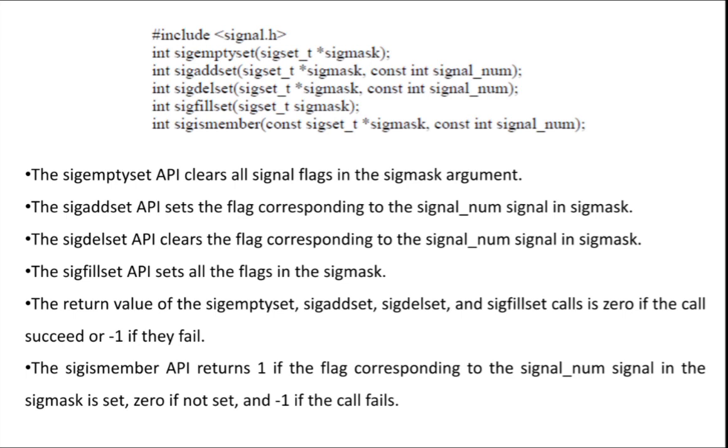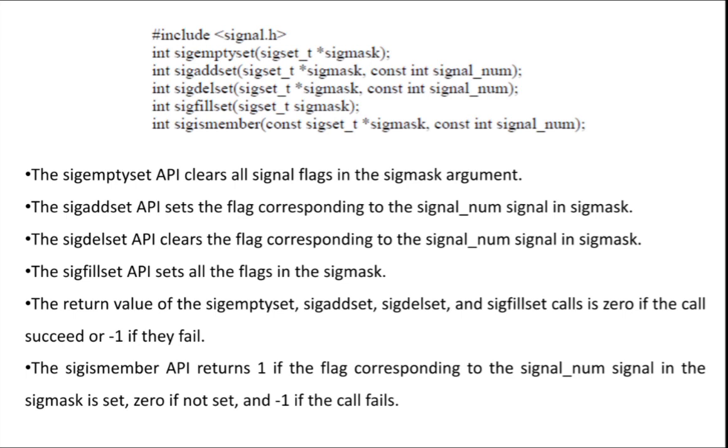And the last function, the sigismember API, returns 1 if the flag corresponding to the signal number in the signal mask is set. It checks whether a particular signal belongs to the signal mask.